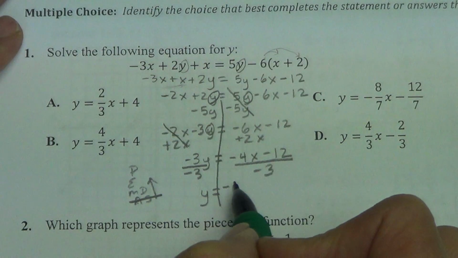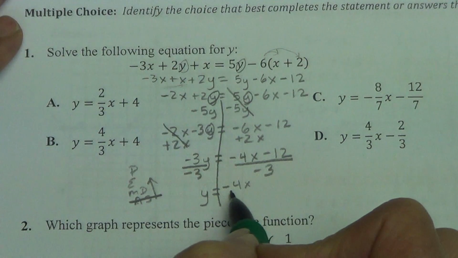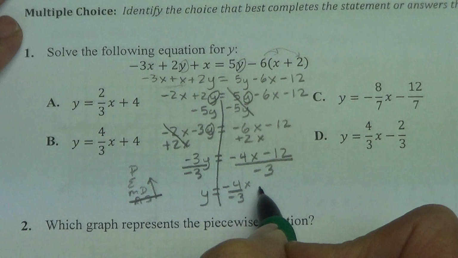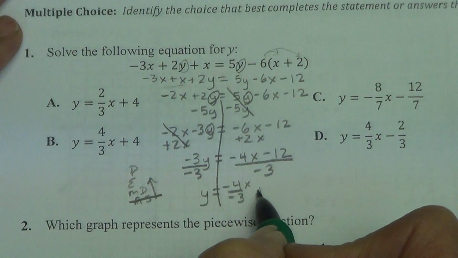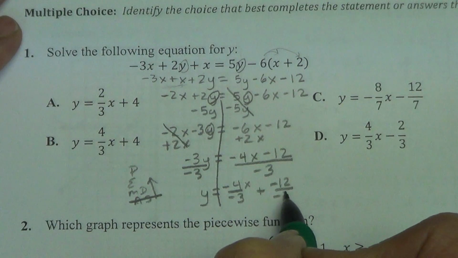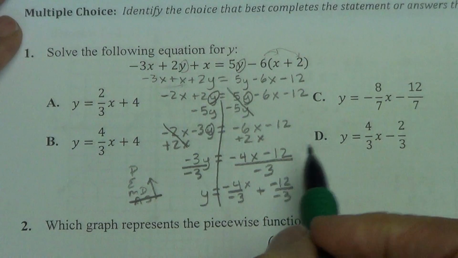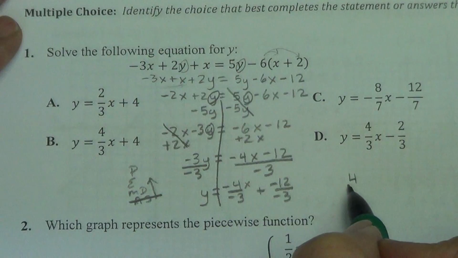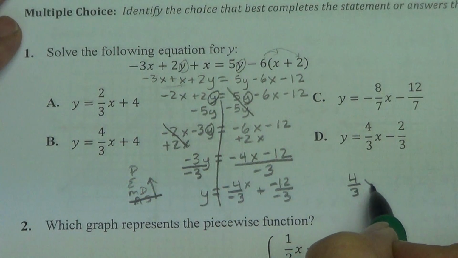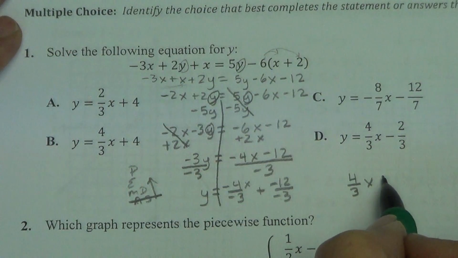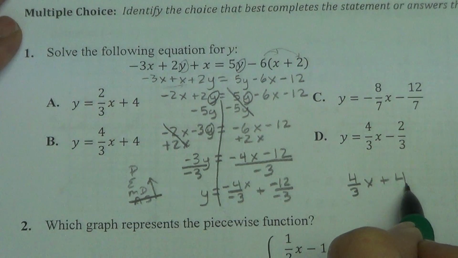So we would have a negative 4/3 x over negative 3 plus a negative 12 over negative 3. Now, our negatives can cancel, so 2 negatives make a positive, so it's positive 4/3 x. Negative 3 goes into negative 12, positive 4 times.